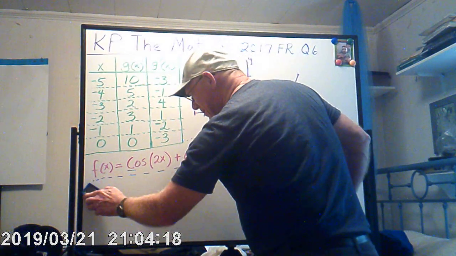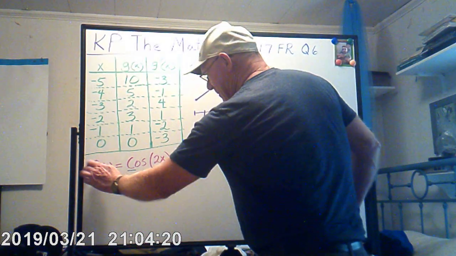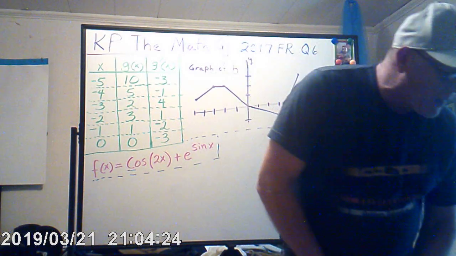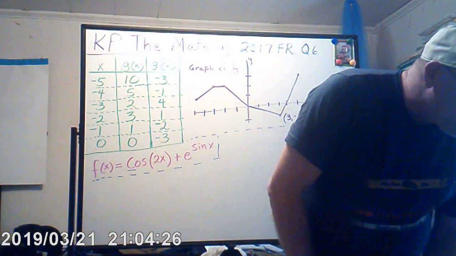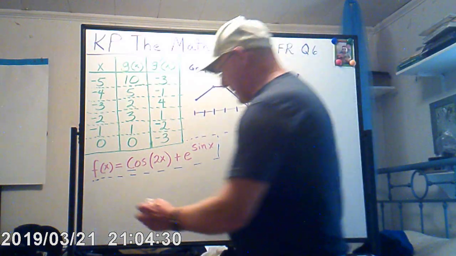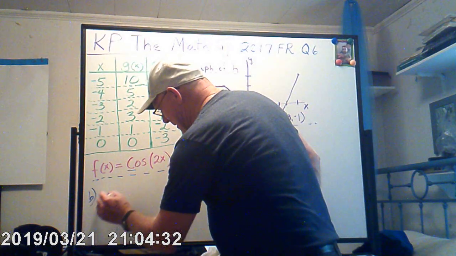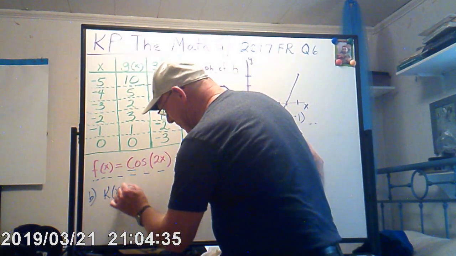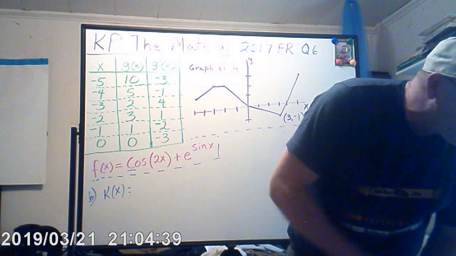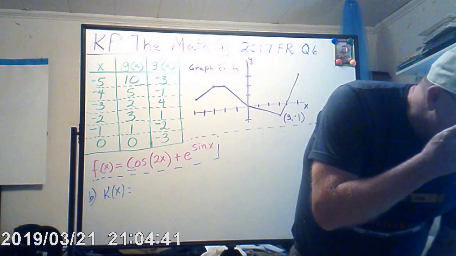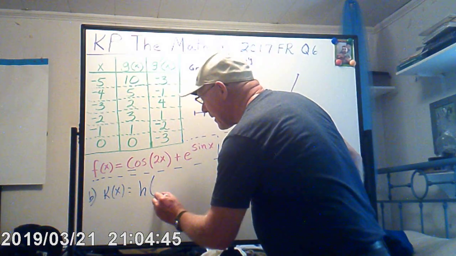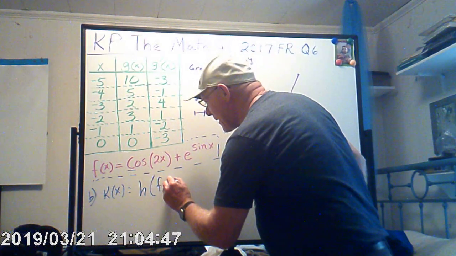Alright, so we dealt with A. That dealt with f. We may have f again. I think we do, but let's see what we got here. Alright, B part. Let k be the function k at x equal to h at f at x.